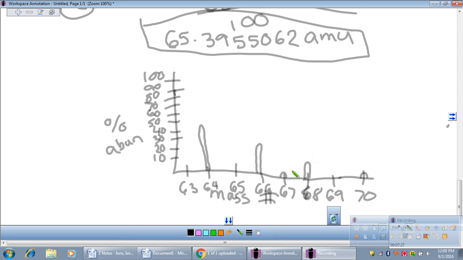And that was not drawn well. So this should be smaller than that one. This data point tells you your mass and your percent abundance for each isotope. So each peak talks about each specific isotope. The x-axis is the mass, the y-axis is the percent abundance.